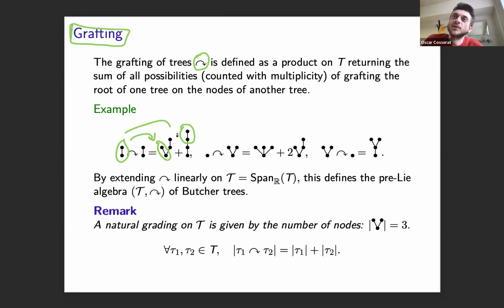And there are only two possibilities because the tree we grafted on had only two nodes. In the next example, we grafted one node onto the tree with three nodes, so there are three possibilities.